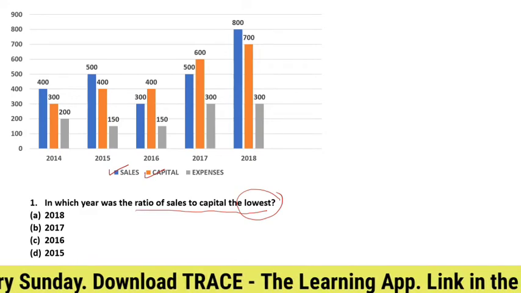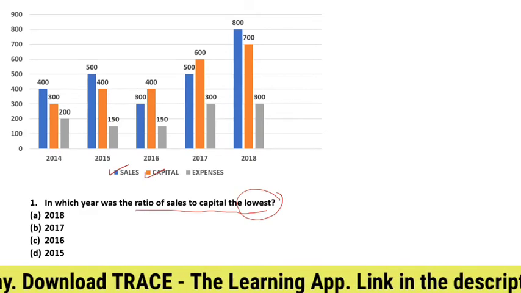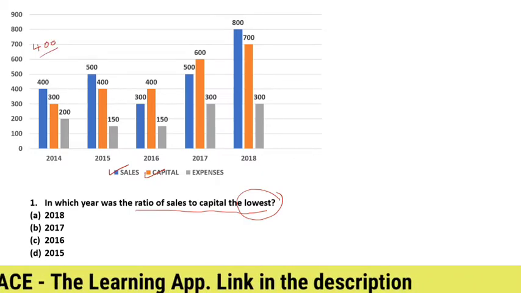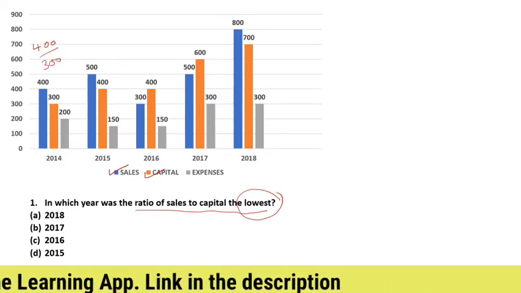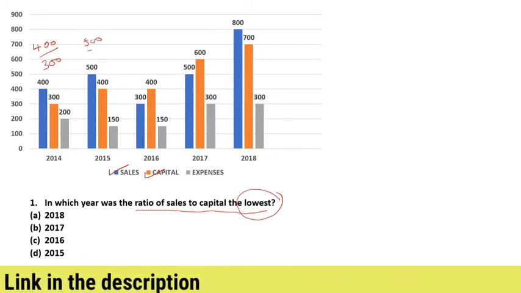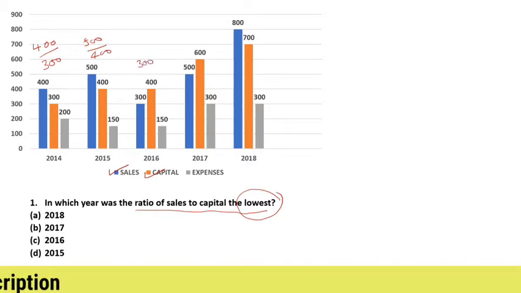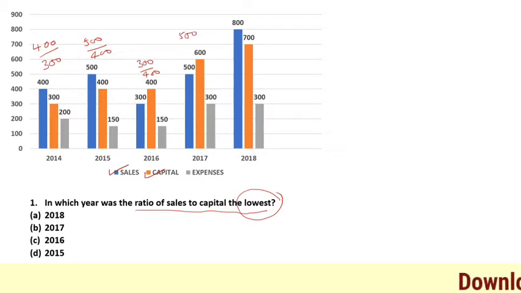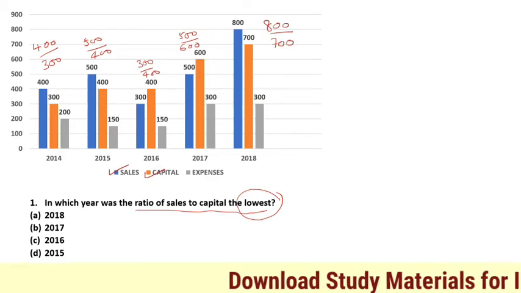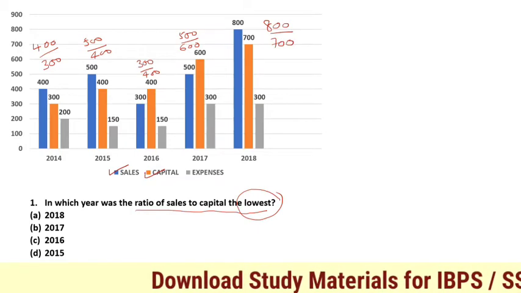So here in this year you can see the ratio is 400 divided by 300, sales to capital. Here it is 500 divided by 400 and here it is 300 divided by 400 and here it is 500 divided by 600 and here you can say it is 800 divided by 700. So we want to find out of this which one is the lowest.